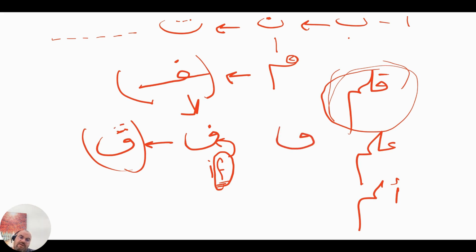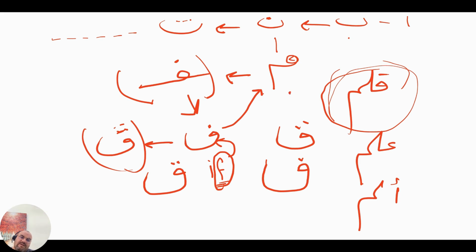So now it's qa. Qa and fa, we write it in this way. We will write a small circle and abdomen down, and this is F. For Qaf, we will write it also in this way. So this is Qaf. Similar, only the dot is different, and don't get confused.